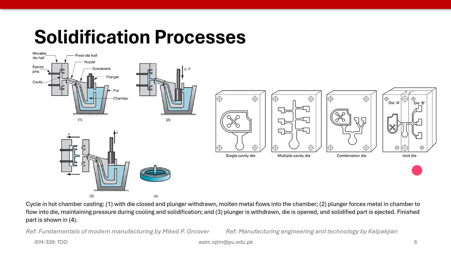So from this slide we came to know that the tooling, in this case the single cavity die or other types of dies, is the important component of this solidification process, the die casting process, to create the part. So ultimately this course evolves around production tooling, as I said before, or inspection tooling.